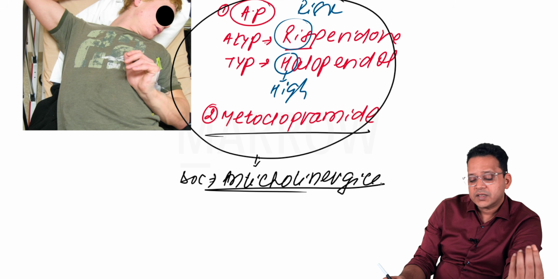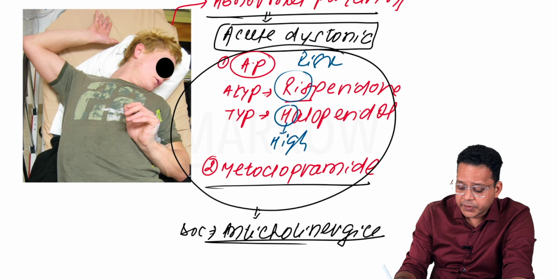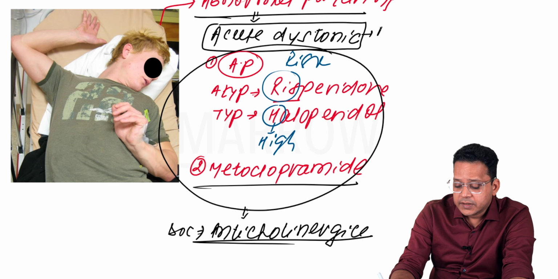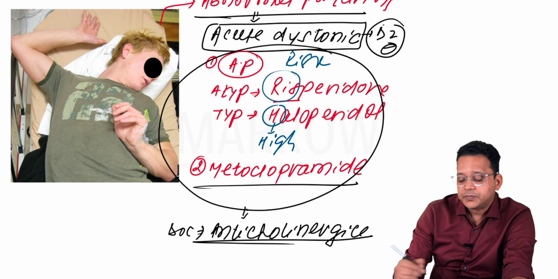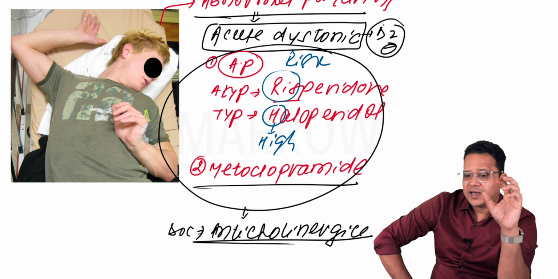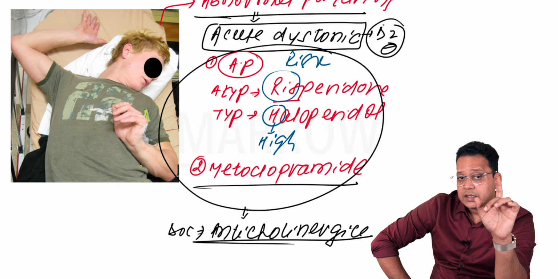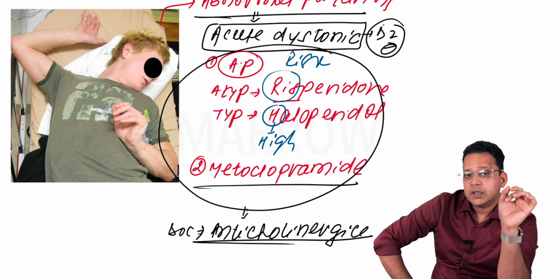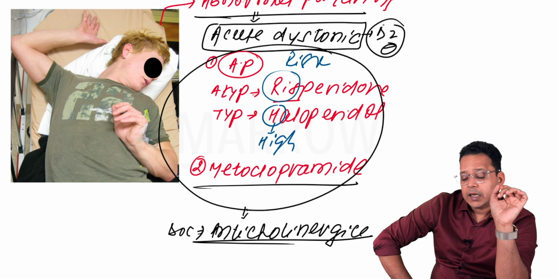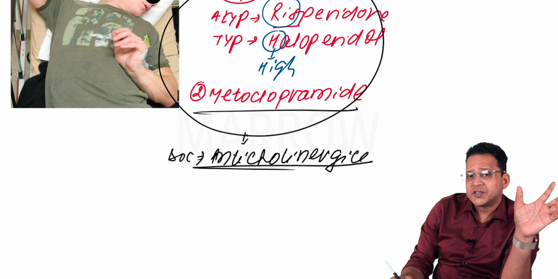Now, why anticholinergics are drug of choice? See, the reason why we have acute dystonia, the reason is D2 receptor block. So to treat, if I stimulate D2 or I produce dopaminergic effect, the patient would improve, but then psychosis will worsen here. And that is the reason why I have to find a way out to produce dopaminergic effect without touching dopamine.